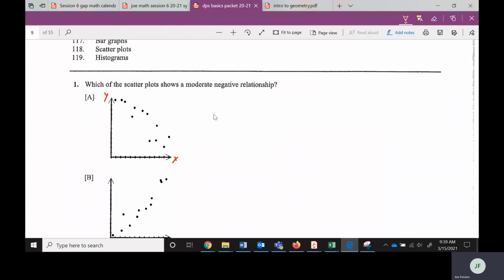So what's happening here is y tends to decrease as x increases. If that happens, that is a negative relationship, or what they call correlation.